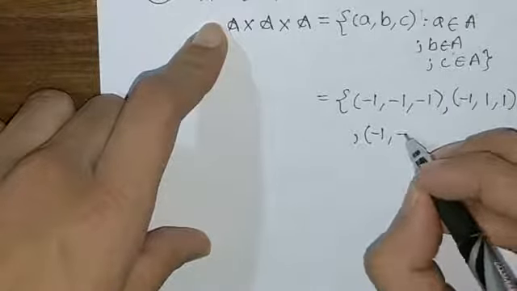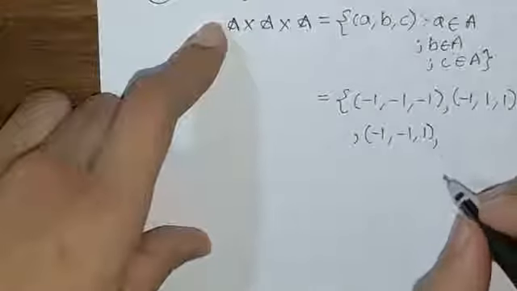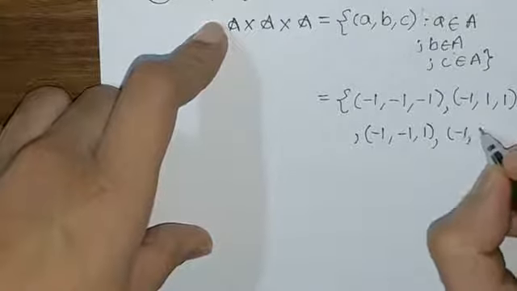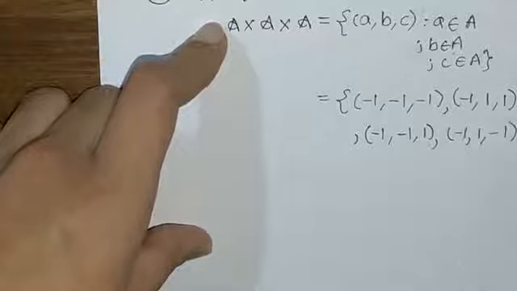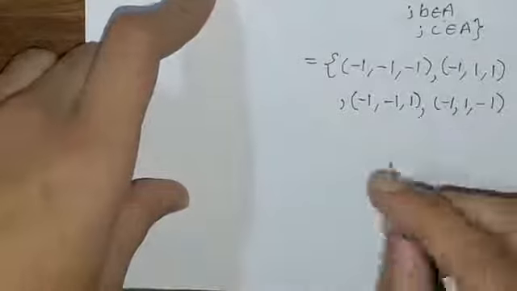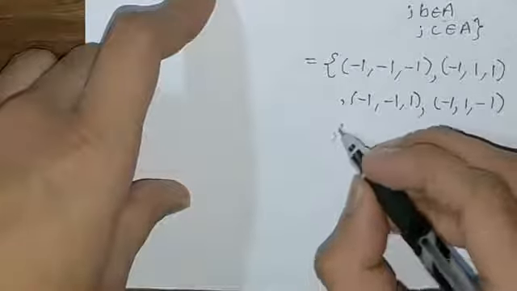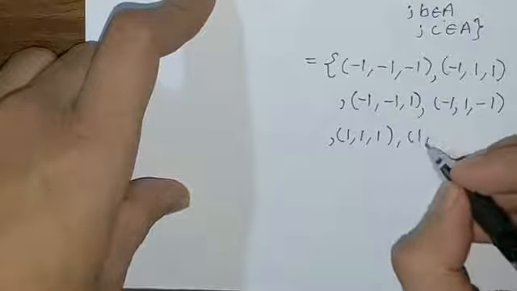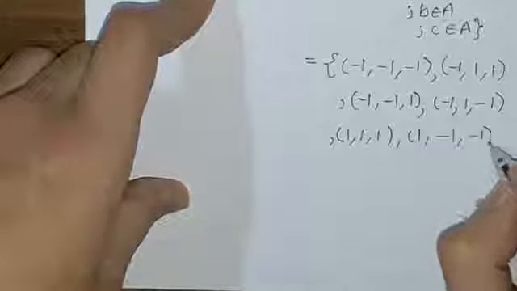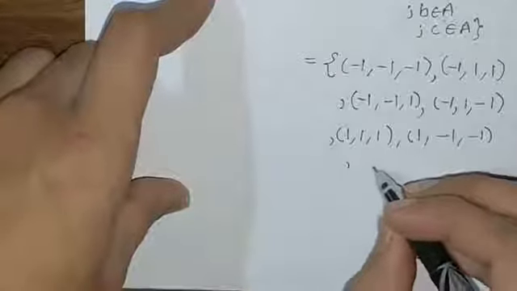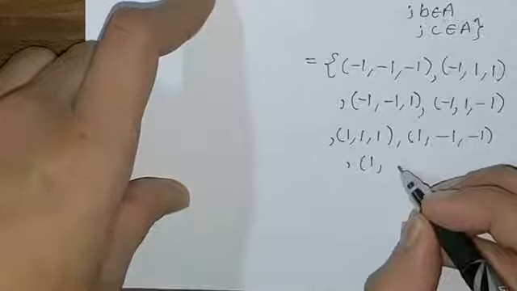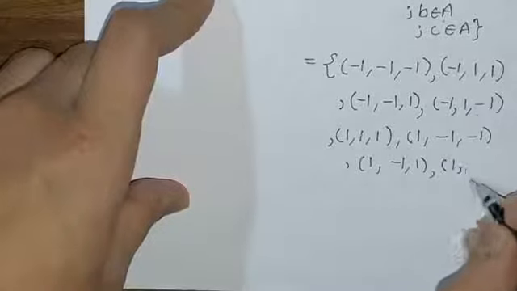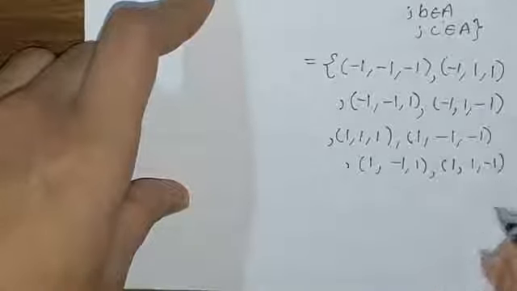Then (-1, -1, 1), then (-1, 1, -1). Also we can write the elements (1, 1, 1), (1, -1, -1), (1, -1, 1), (1, 1, -1).